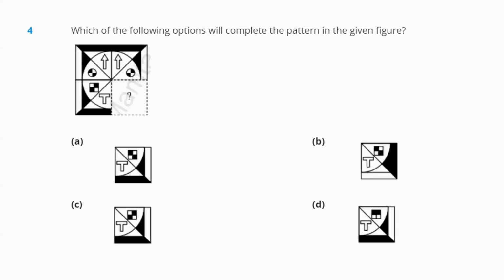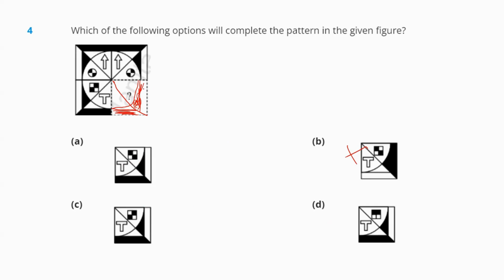Moving on to the next question, we have to complete this. So if we draw a line here, the shaded part will be this, as it is now a complete circle. And this, the shaded part will be this. Let's try to eliminate. This will not be the answer. We have these three options left.